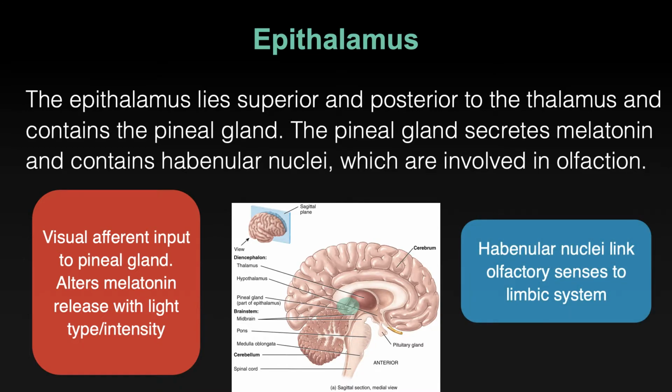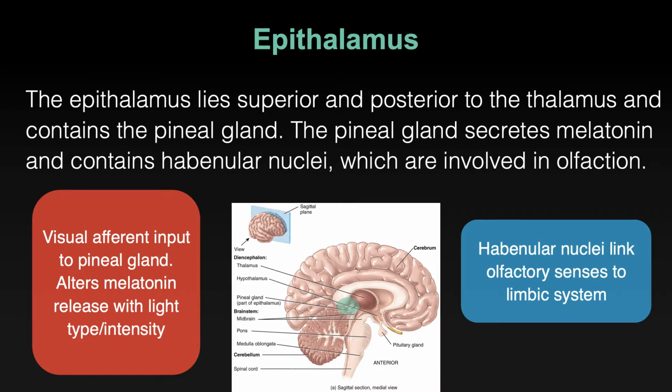The other nuclei, or parts of the epithalamus that I mentioned, the habenular, I always have a hard time saying that word, habenular nuclei, are the missing link for where the olfactory senses connect to the limbic system. So again, the odd sense out. The thalamus linked the other senses to the limbic system. The epithalamus is where olfactory senses are linked to the emotional brain.